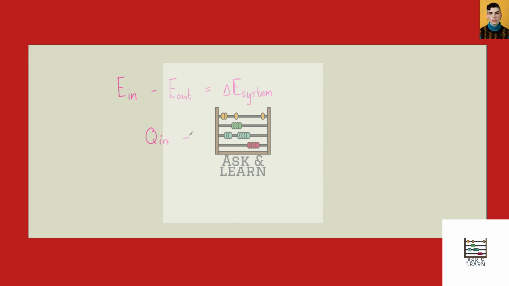So that's Q in, and this is responsible for the change in internal energy of the water in the calorimeter. So the heat is transferred to the water and causes a change in internal energy. And we can relate this internal energy to the change in temperatures by the mass of water times its specific heat times the change in temperature, T2 minus T1.